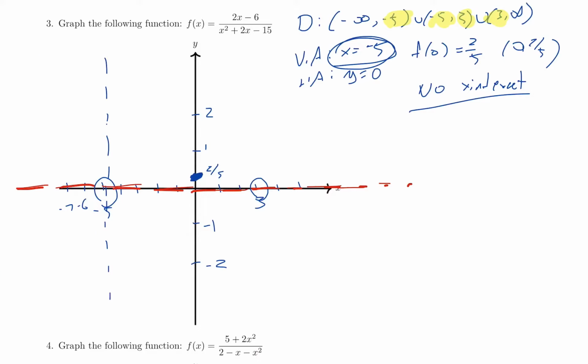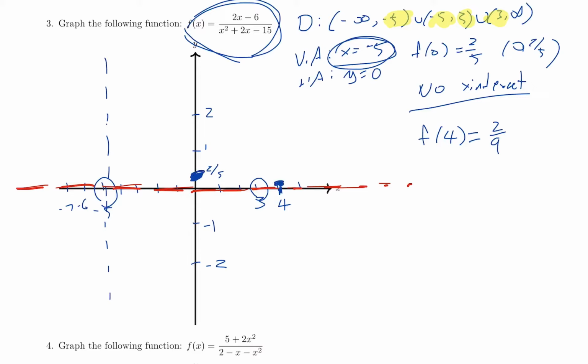So let's look at the right side first. I'm going to plug in some points. I'll find f of 4. You can verify this calculation on your own time. If I plug in 4, I get 2/9. 2/9 is less than 2/5, so it will be below this point, somewhere here maybe.